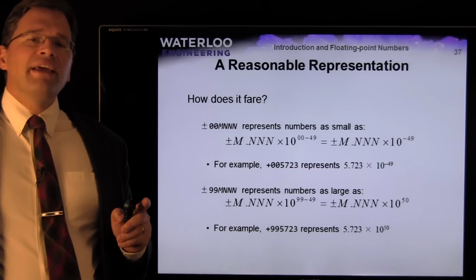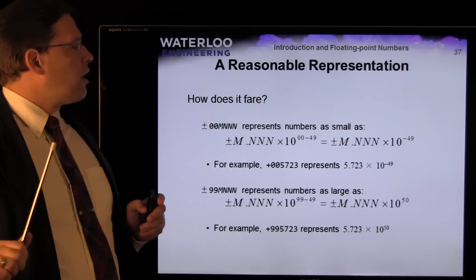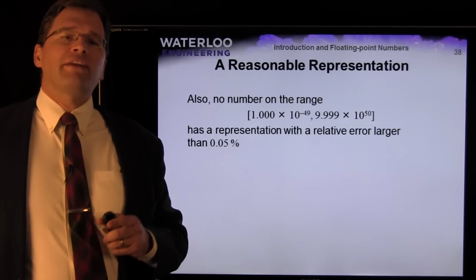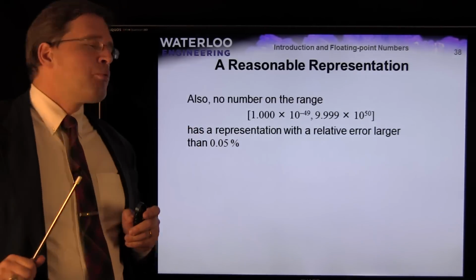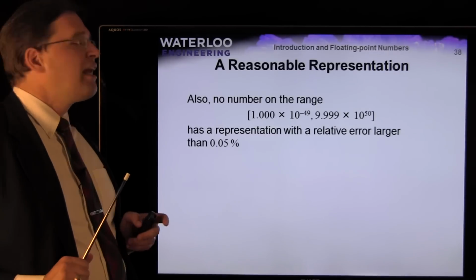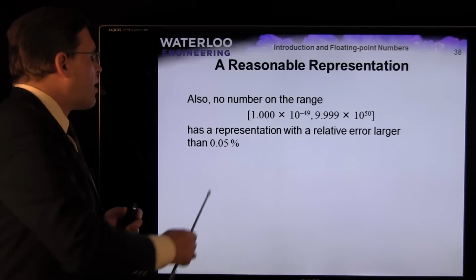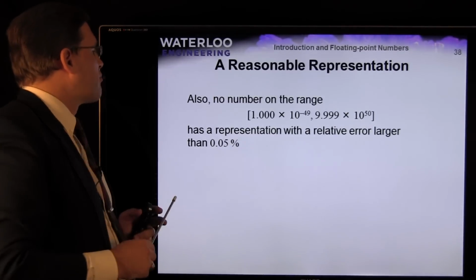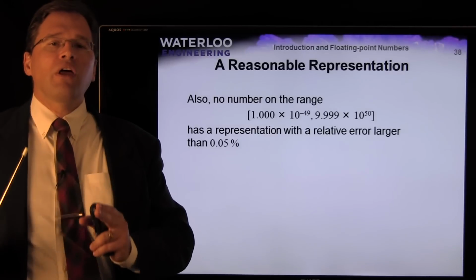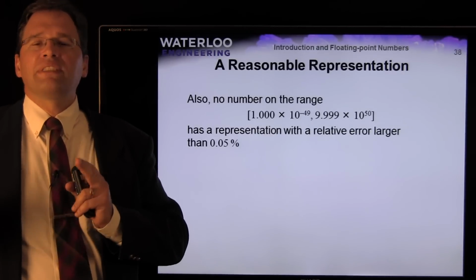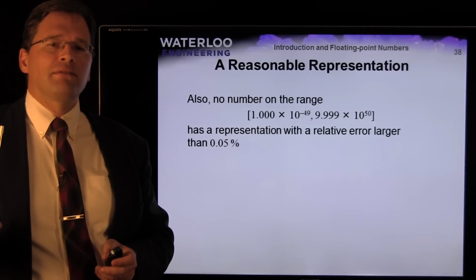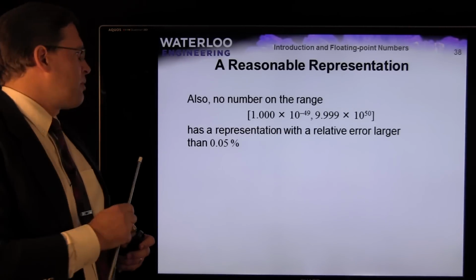Not only that, every single number on the range from 10 to the negative 49 all the way up to 9.999 times 10 to the 50 can be represented by one of these values with a relative error no larger than 0.05%. Any number.